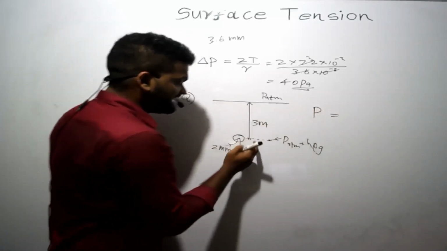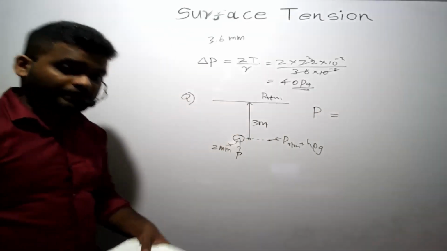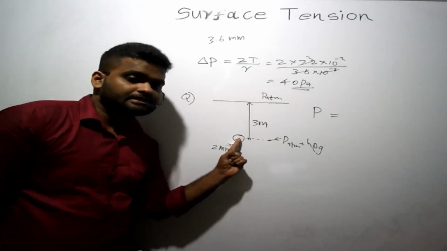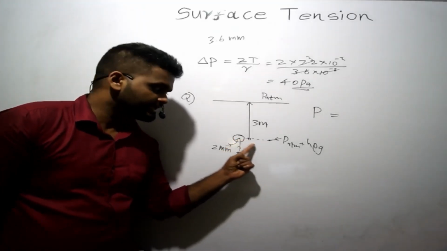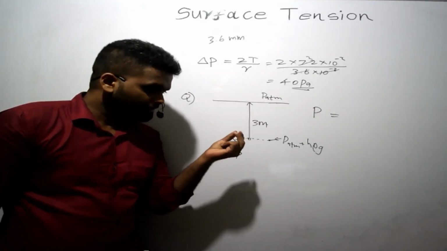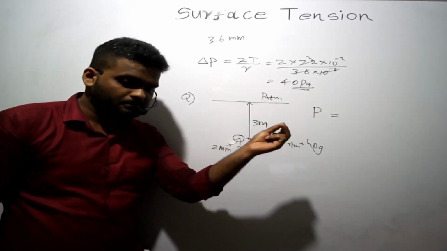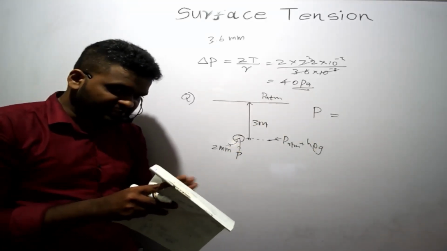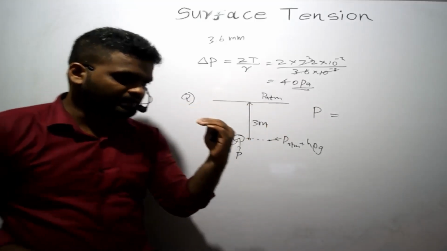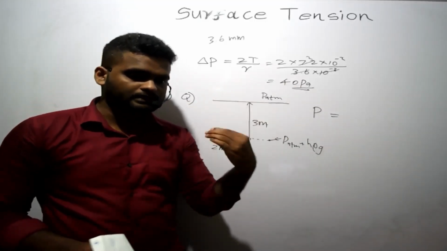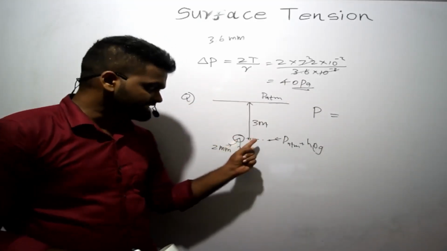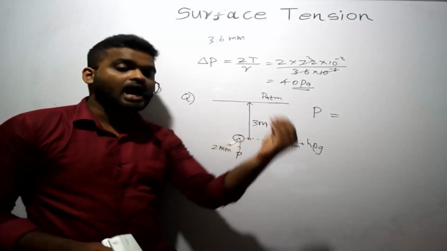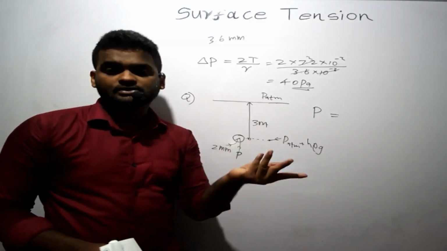Then what should be the internal pressure? We know inside the bubble the pressure is higher. You need to understand whether it is higher or lower. By how much?